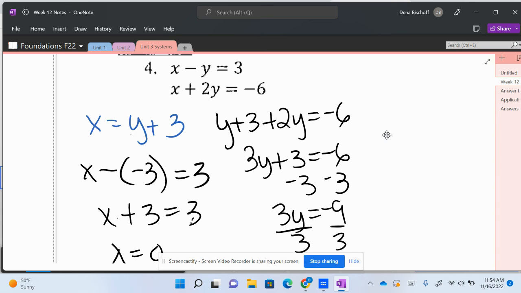So 2 times x is 2x, and x plus 2x is 3x. 3x minus 6 equals negative 6.